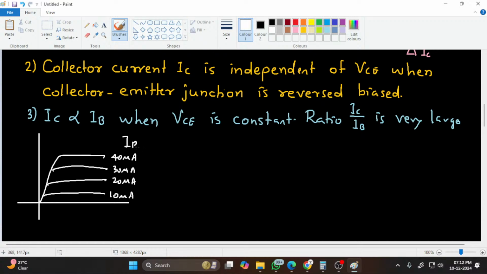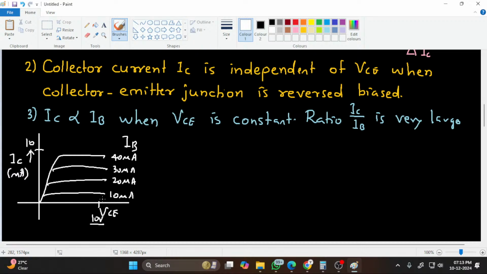These are the values of IB for which we are finding the collector current for collector emitter voltage. You can write 10 volt here. And this is in milliampere, you can write 10 milliampere here. So it is in milliampere, it is in volt. So the input output characteristics are like this. So the collector current is independent of VCE as long as the collector emitter junction is reverse bias.